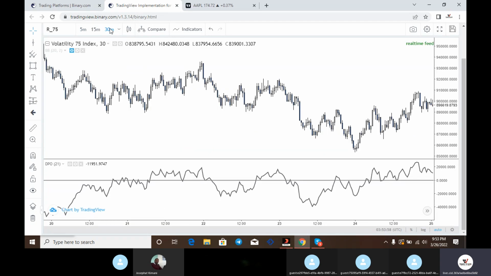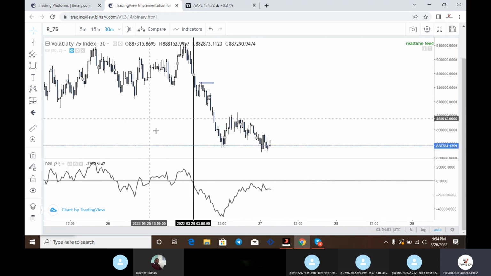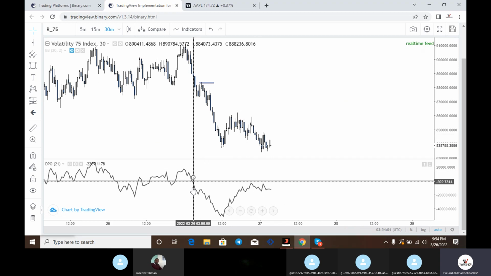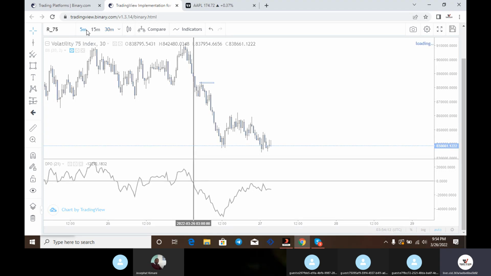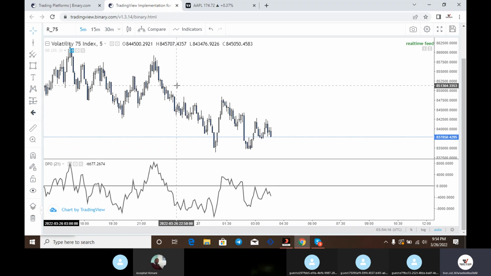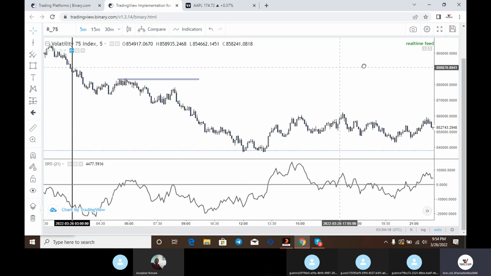On the 30 minutes time frame, which we did start our analysis from at this point, because at this point we had price going below the zero line on DPO. We are going to the 5 minutes. You can go to the 15 minutes, but I prefer 5 minutes so that our stop loss is a bit smaller.